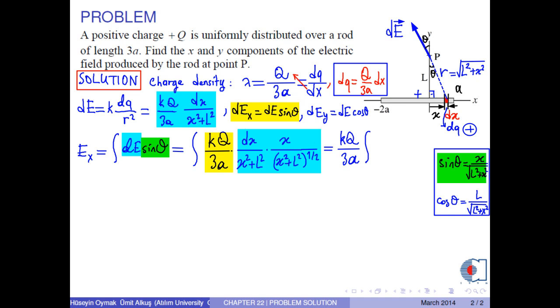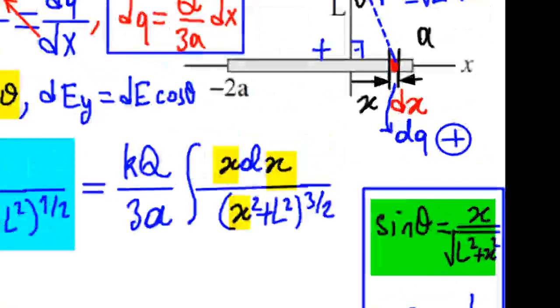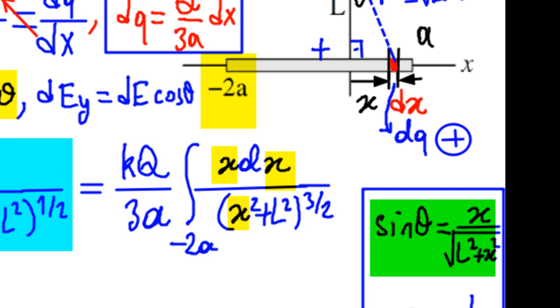Inside the integral sign, we have only the x variable. The lower limit of x is negative 2a, and the upper limit is a.